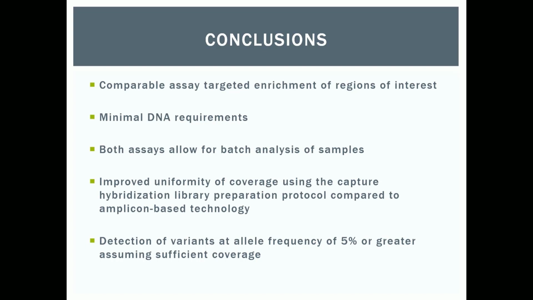And I think it's going to provide much better quality analysis across all of the regions that we're assessing, as well as cleaner data with less background noise. The detection of variants at allele frequencies of 5% or greater was also very good using both technologies, assuming that there's sufficient coverage. So that is also encouraging.